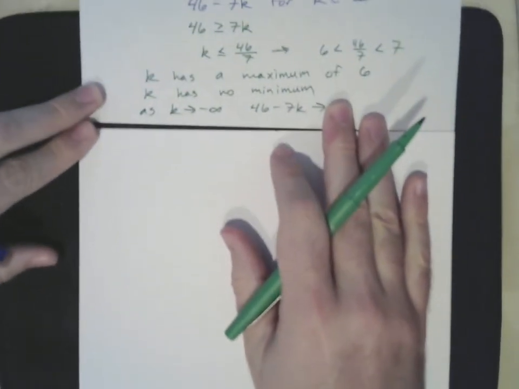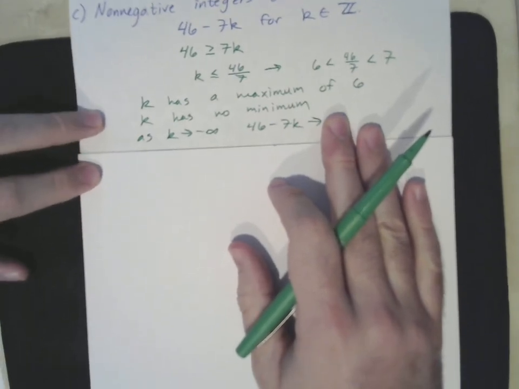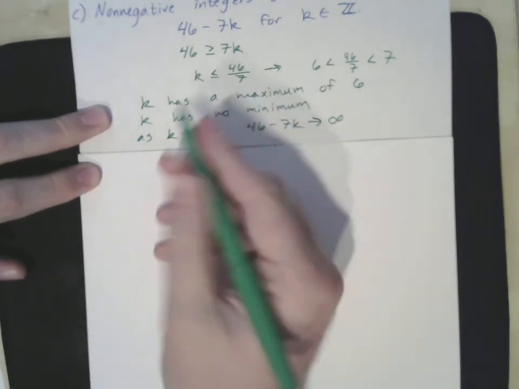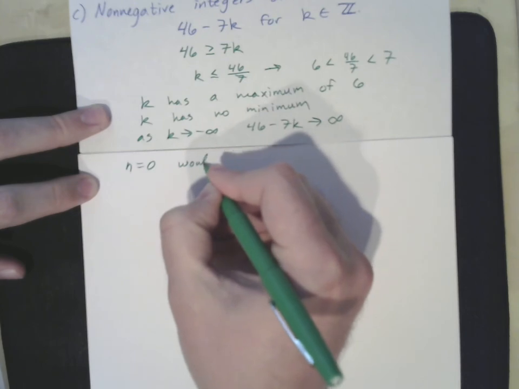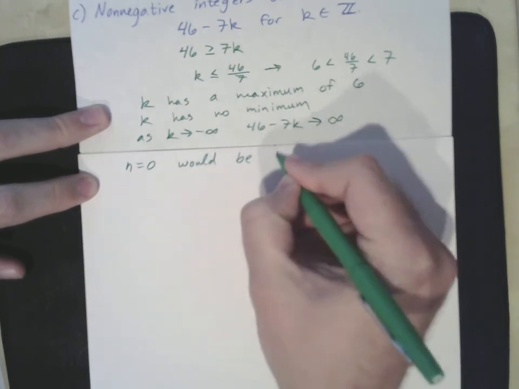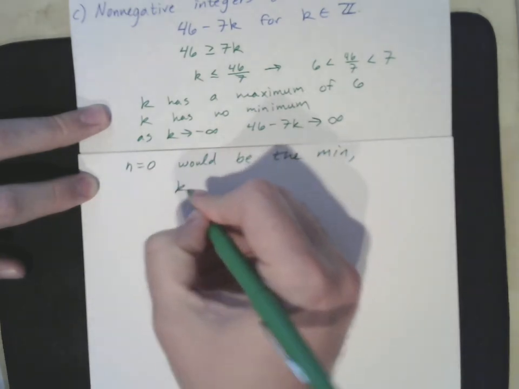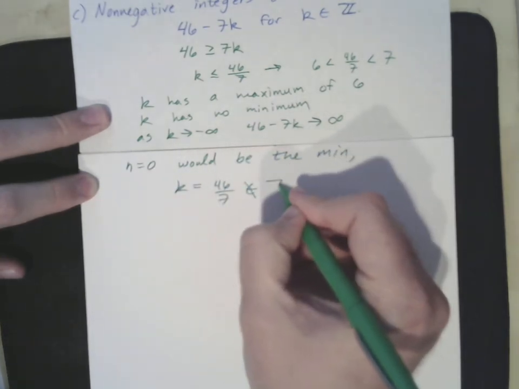So while k has no minimum, our integers 46 minus 7k do have a minimum. So what would be the minimum? Well, it's non-negative integers, so the minimum would be 0. But we can't get to 0, because to get to 0, k would have to equal, as we know, 46 over 7, and that's certainly not an integer.